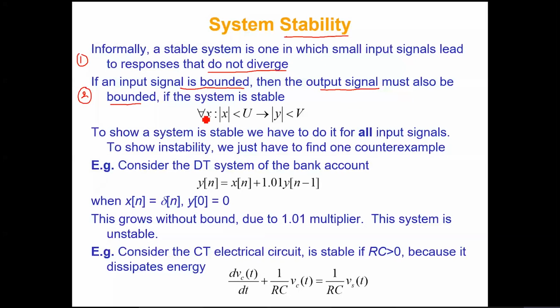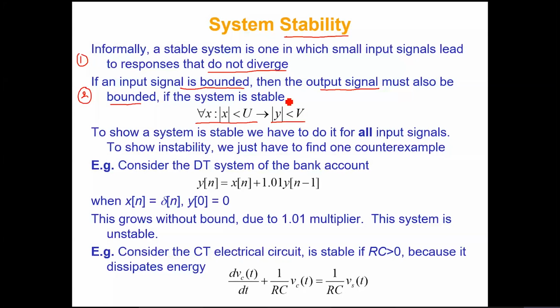So mathematically put, it is just saying that for all inputs x such that the magnitude of x is less than some constant, so it has some upper bound, so it is not infinite, the output magnitude will also be finite, will also be less than some finite value v.